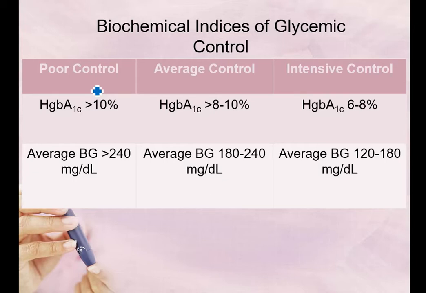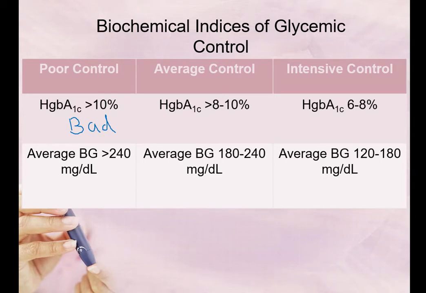This slide shows the biochemical indices of the glycemic control. The patient is in poor control when the hemoglobin A1C is more than 10%. Average control is a hemoglobin A1C between 8 and 10%. Intensive or tight control is a hemoglobin A1C between 6 and 8%.